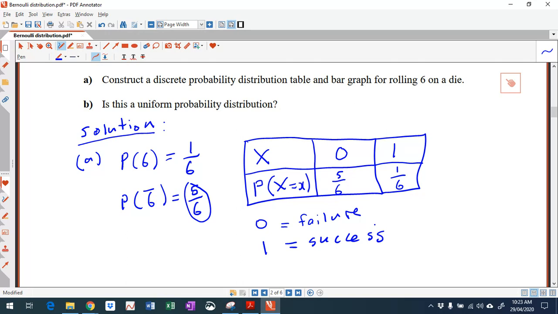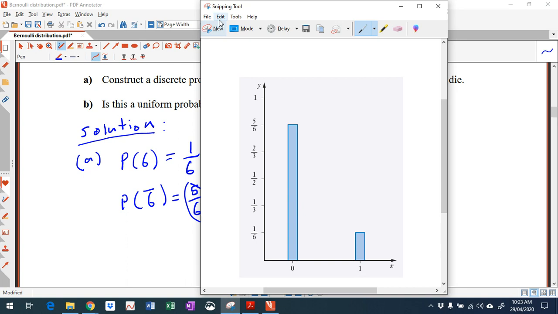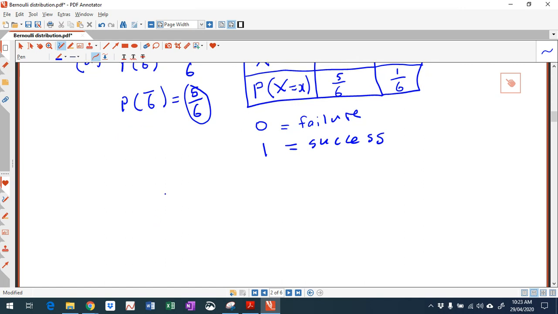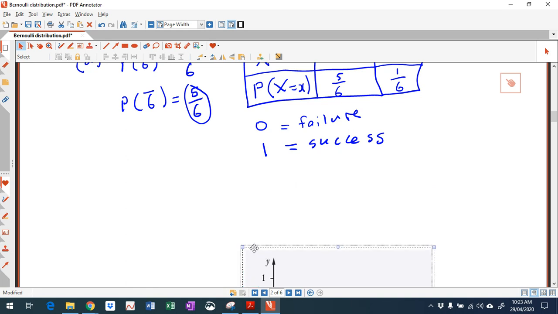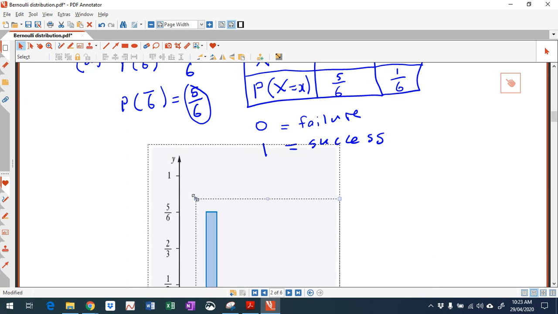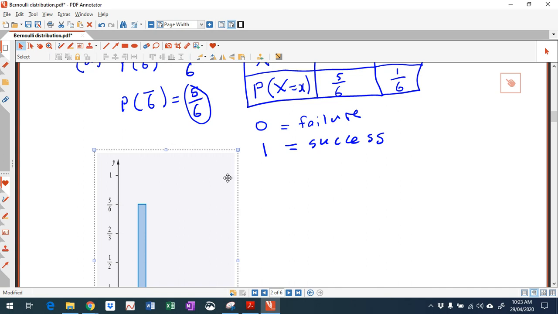For our probability distribution. Okay, now what about the bar graph? Okay, it looks like this. Okay, so here we go.